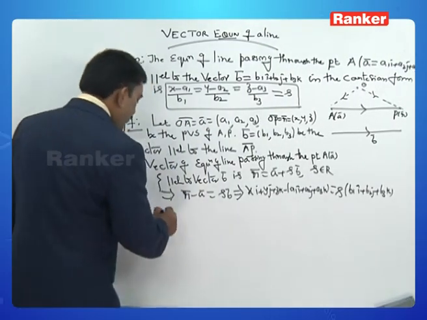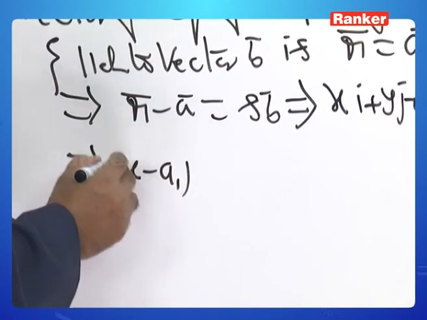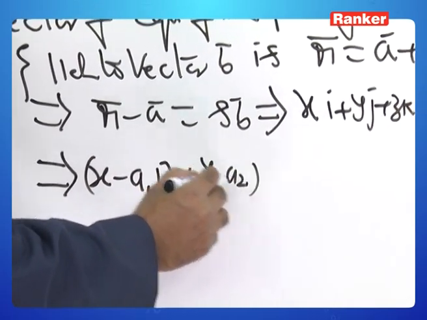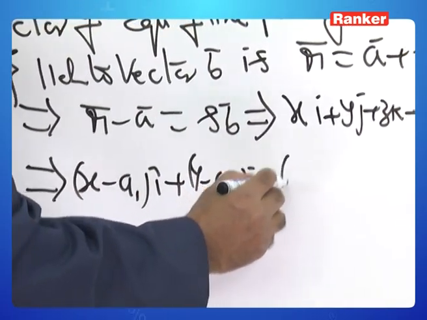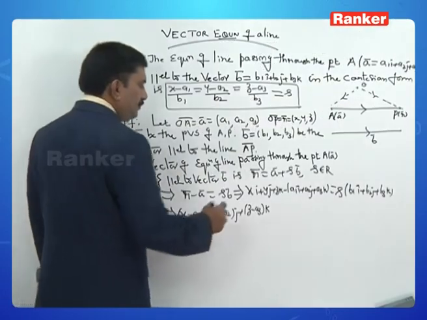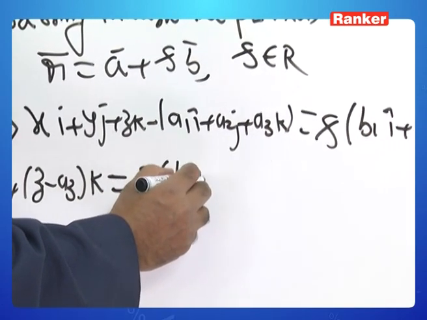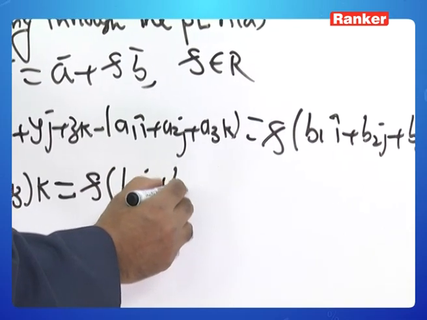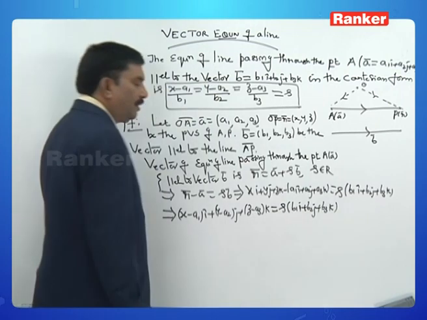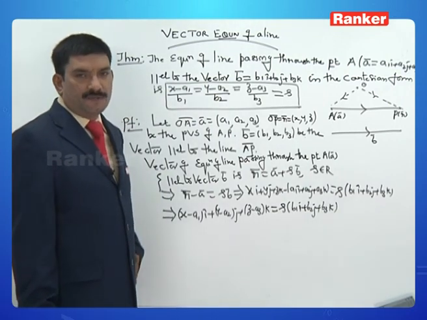Now group the like terms. X minus A1 into i, Y minus A2 into j, Z minus A3 into k is equal to S into B1i, B2j, B3k. Equate the coefficients of like terms.